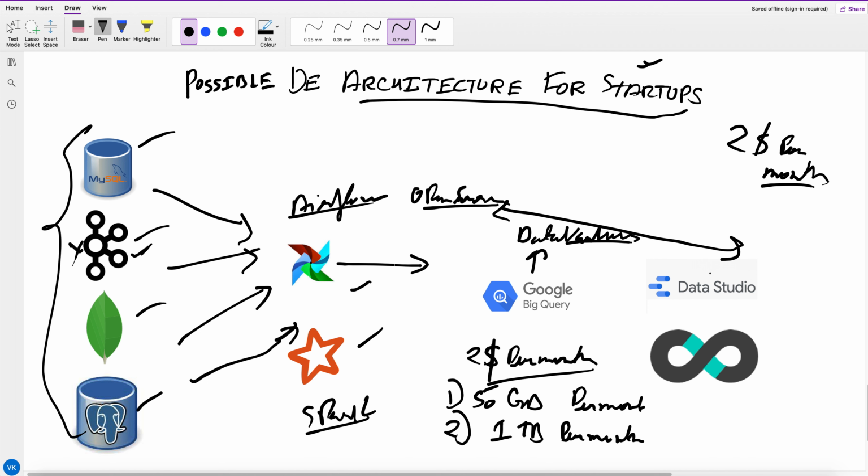Data Studio is something which comes free in this whole tech stack. This particular service, which is given by Google, costs you only $2. And if you buy an instance to host Airflow, that would cost you one extra instance, like one EC2 at the max. So that's the cheapest way of building a data architecture if you are very new in the startup journey.